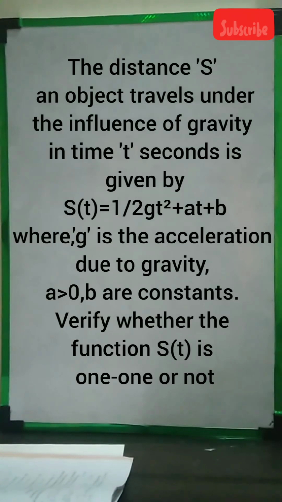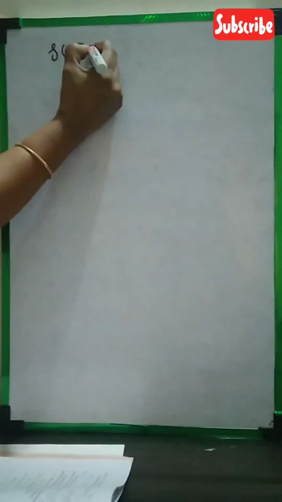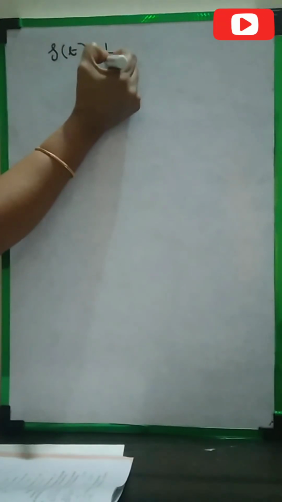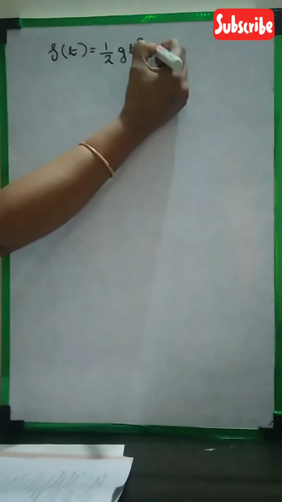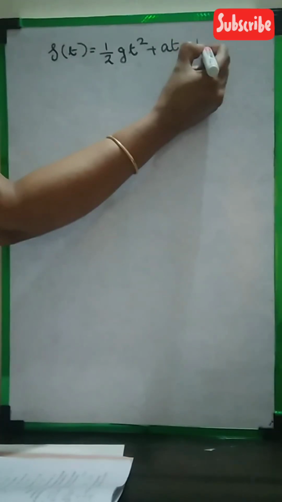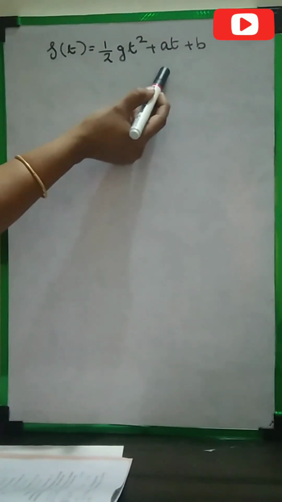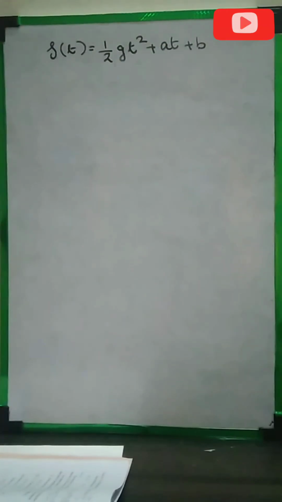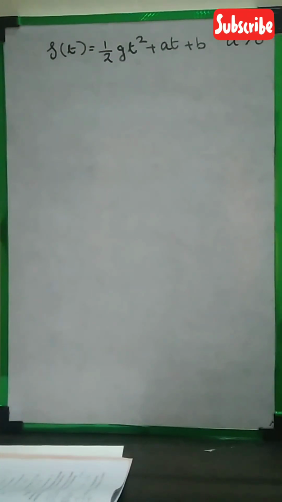So here they have given s of t is equal to half into g t square plus a t plus b. Here s is the distance, t is the time in seconds, a and b are constants where a is greater than 0 and g is the acceleration due to gravity.